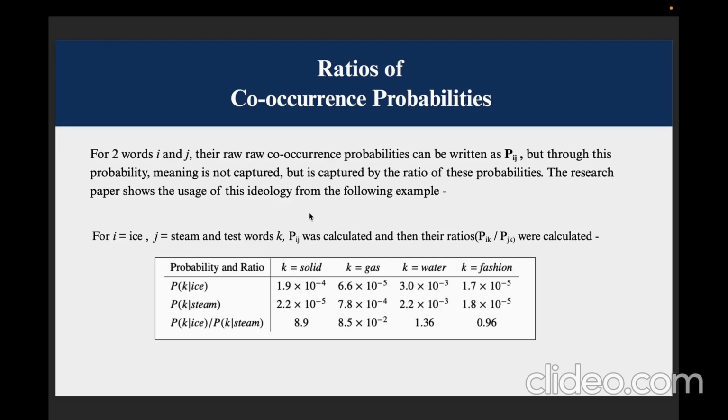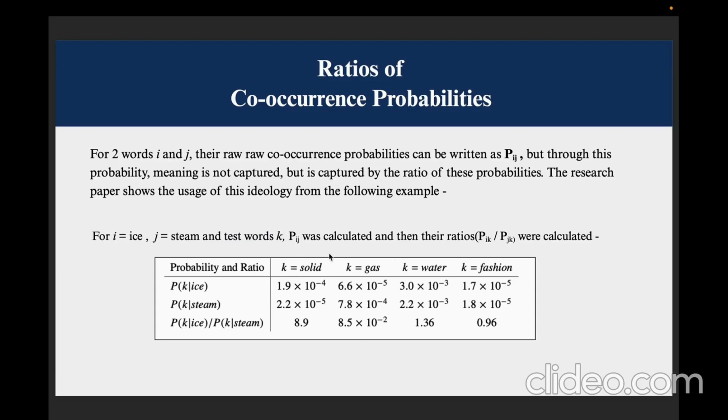The researchers show that this idea can be implemented very nicely using the ratios of these probabilities. In the research paper, this example is shown with two target words, i and j, being ice and steam respectively. And the paper states that we should take a test word k, also known as a probe word.